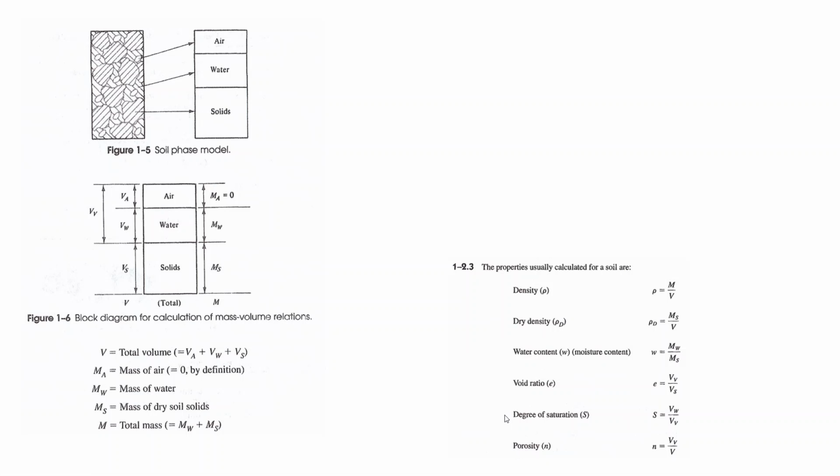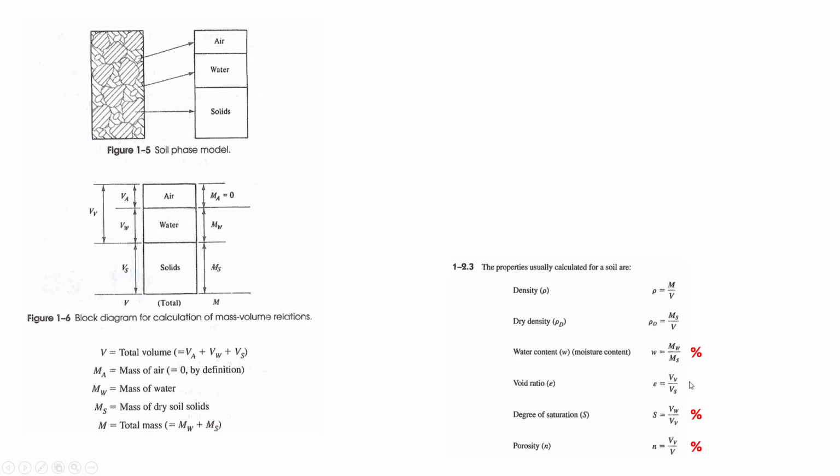Water content, degree of saturation, and porosity are all expressed as a percentage, so after you execute these calculations, don't forget to multiply by 100 to put your answer in terms of a percentage. Only your void ratio, by definition, a ratio is not a percentage, so it can be left as a number, an expression of one void to another.